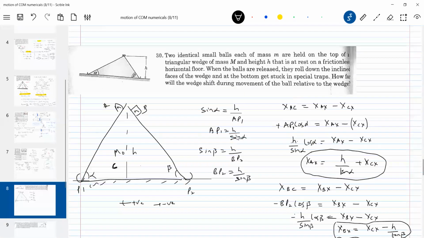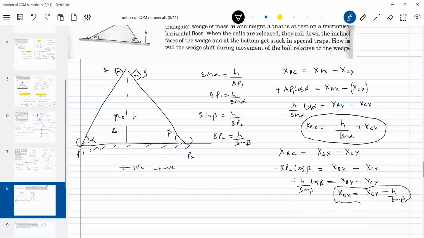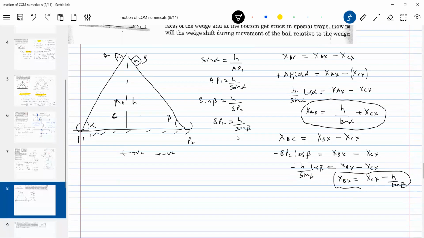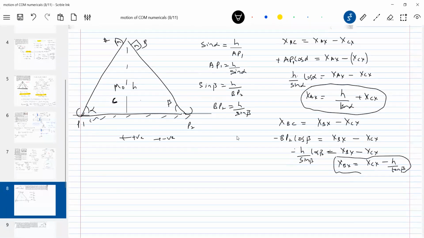I'll take it out and write down the equation. So what is the generalized equation we should write? Mass of block A, MA into XAX, plus MB into XBX, plus MC into delta XC.